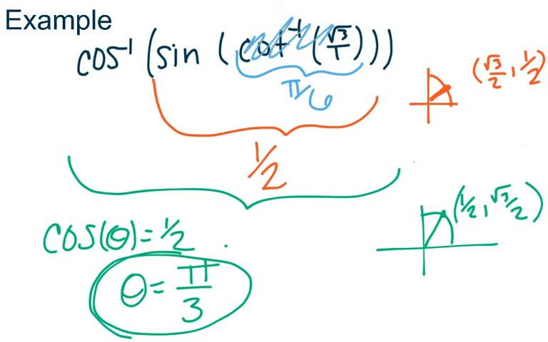I can think of getting rid of all of this and just replacing it with pi over 6. Then I'm just finding sine of pi over 6, because remember we're working from the inside out. The sine of pi over 6 was 1/2. So once again, substitution. I can think of all of this as being gone, and I'm just looking for cosine inverse of 1/2. Well, the angle that gives me a cosine equal to 1/2 is the angle pi over 3. So that's my final answer. That's the thing I was looking for.